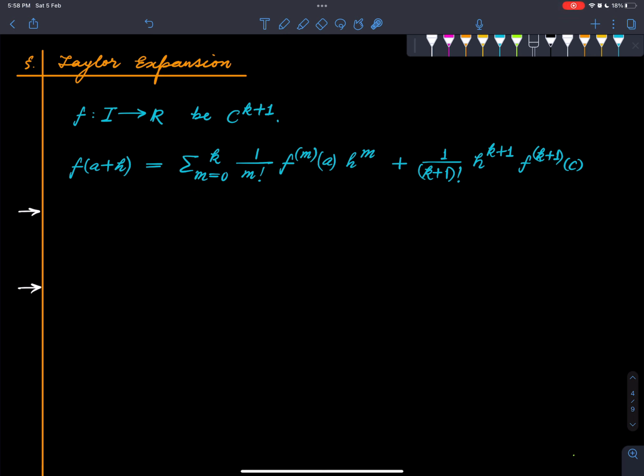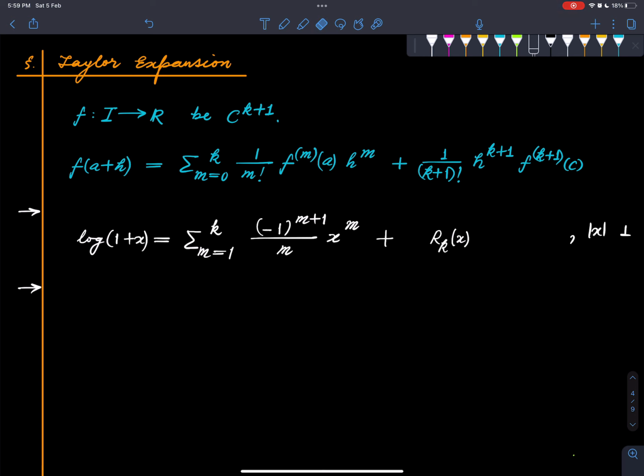k could be any positive integer, and this is the general formula for Taylor expansion of a C^(k+1) function, where this thing that you see here is a real number strictly between a and a plus h. Okay, so if you do that, you will see that log of 1 plus x, for mod x less than 1.